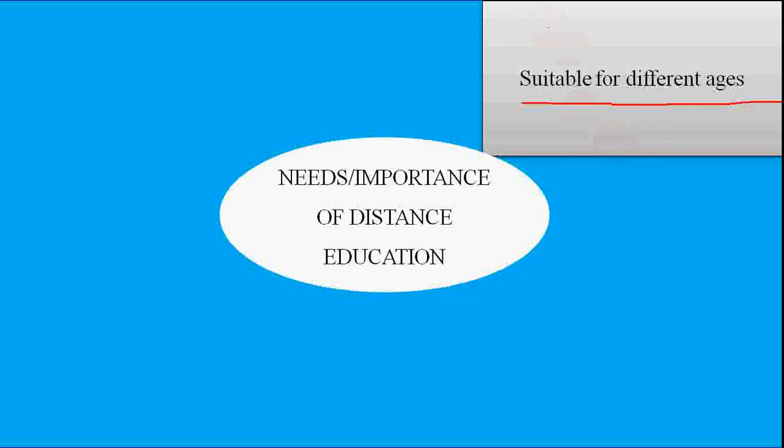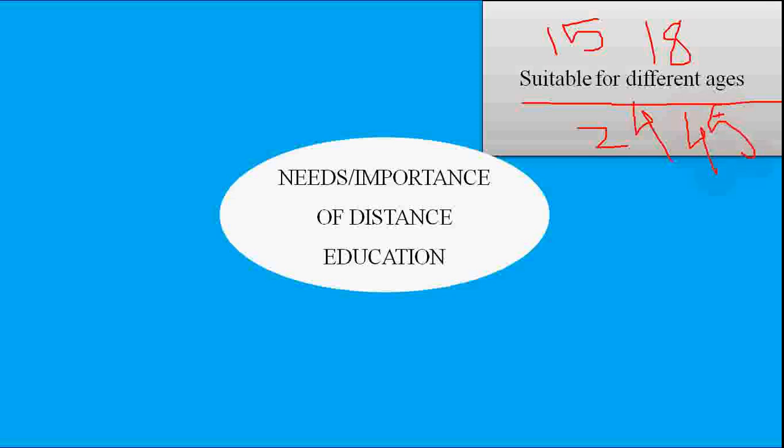The need for distance education is very crucial because it covers all ages. If your age is 15, you can join distance education programs. If your age is 18, you can choose distance education. If your age is 24, you can also join, because distance education is suitable for all ages. If your age is 45, you can also take this type of education.